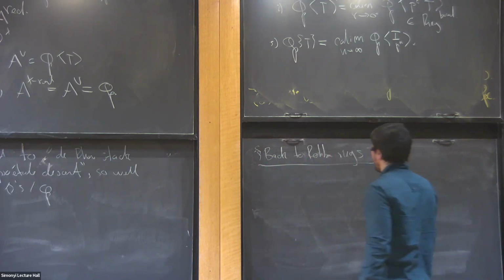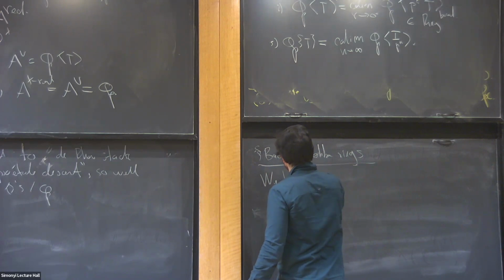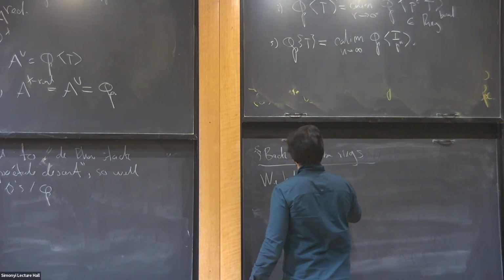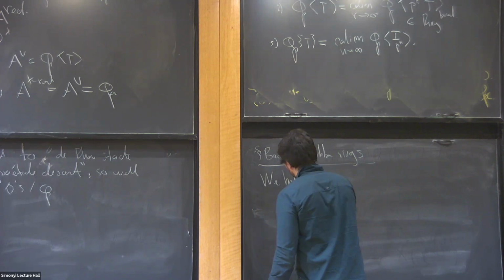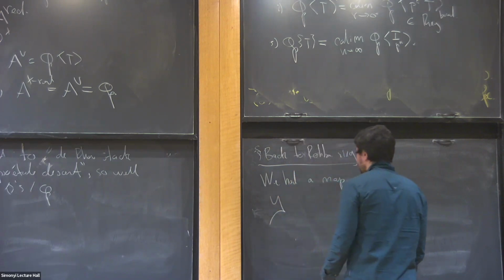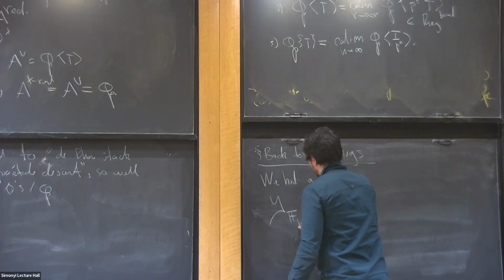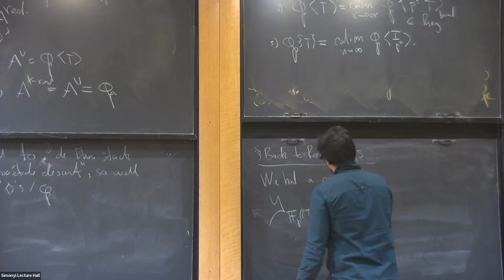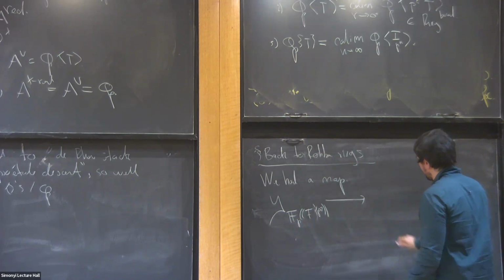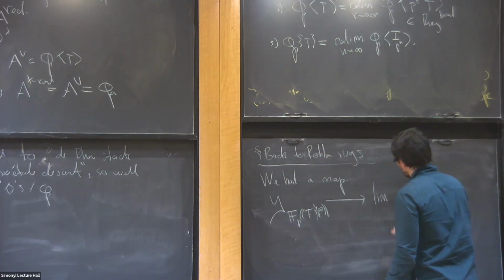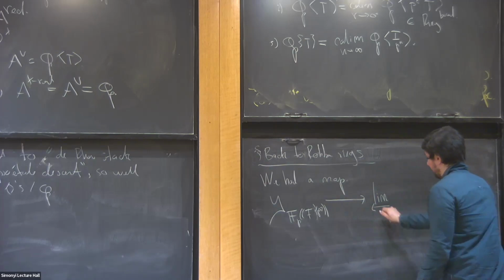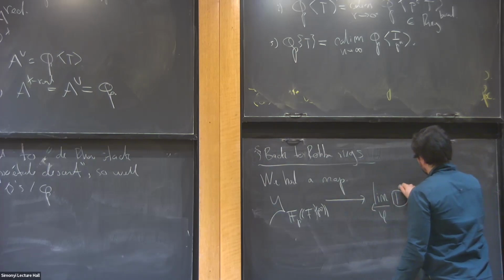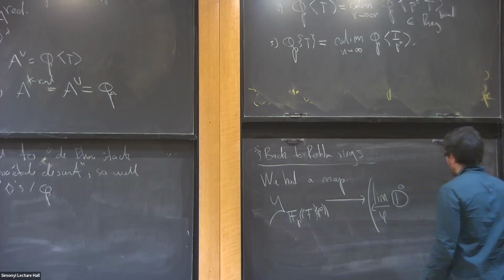So recall that we had a map from this Y of F_p((t^{1/p^∞})) going to the limit around Frobenius of these open disks, one of these fixed points.